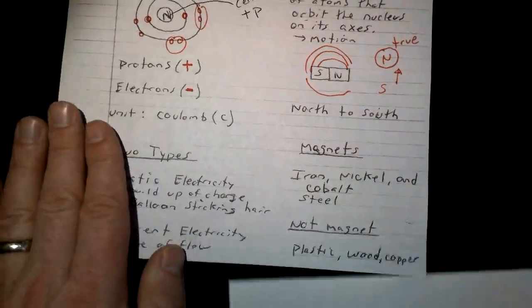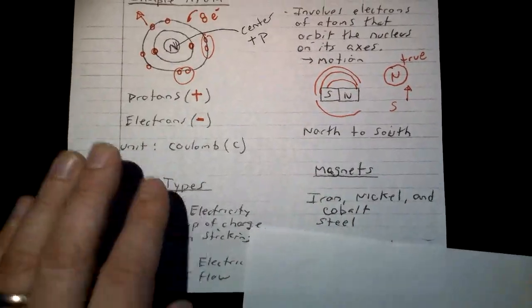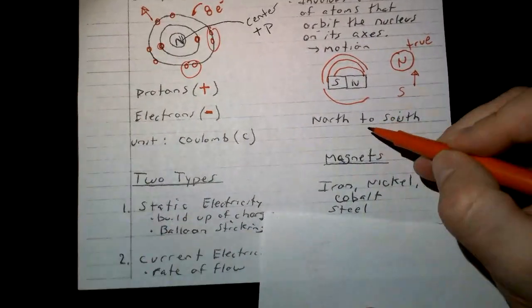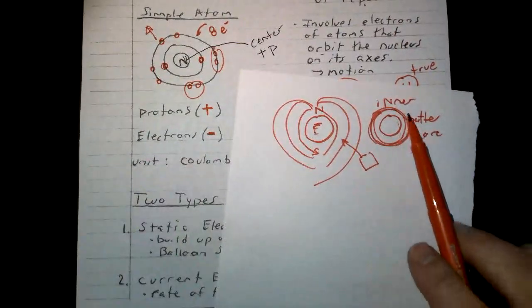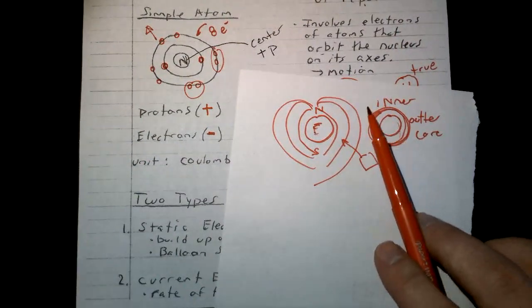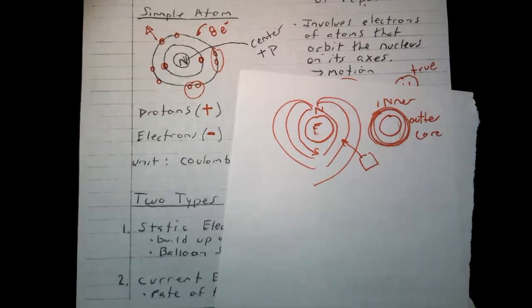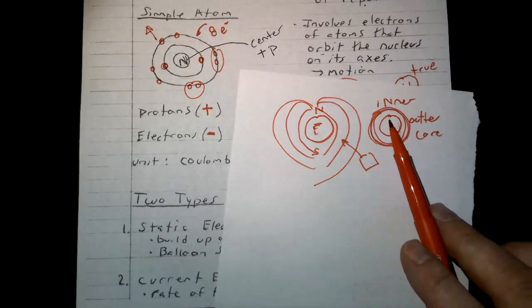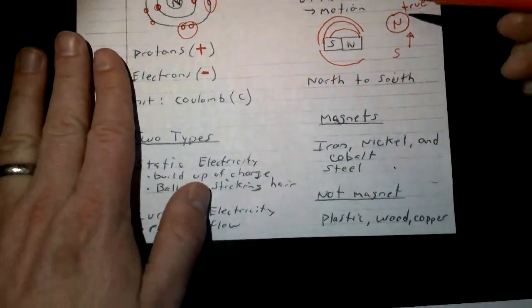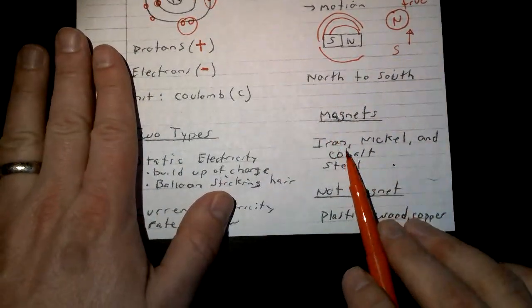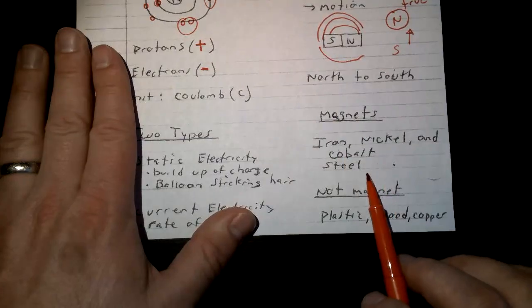But magnets are really awesome because we have magnetism in our world. This is how our compasses work, not GPS, but our magnets in our system. And so a magnet is nickel, iron, and cobalt.